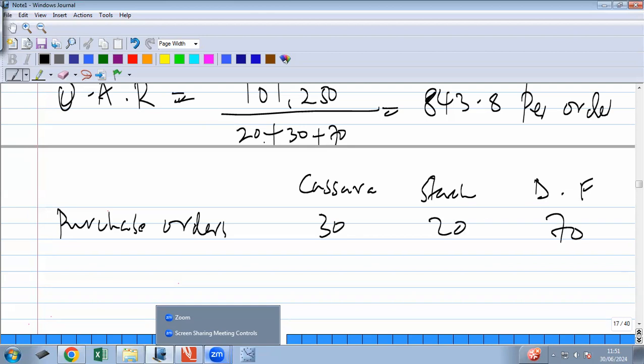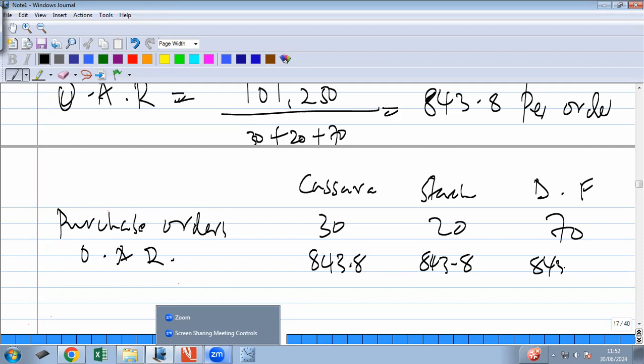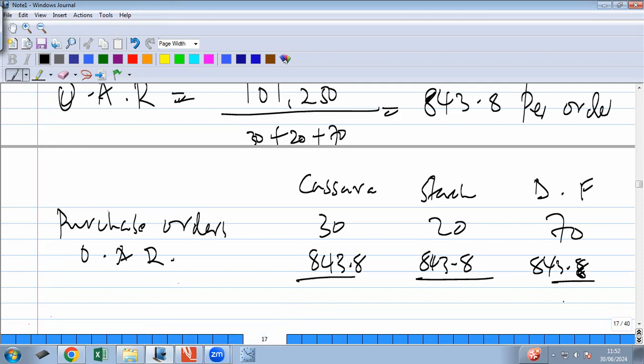Guys, correct this up here, because someone when revising may find trouble. We have 30 plus 20, and we multiply with the overhead absorption rate, which is 843.8. So you can give me the total here. When you add these three of them, you should come to 101,250.